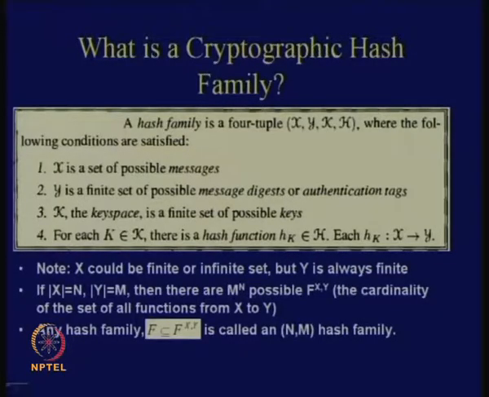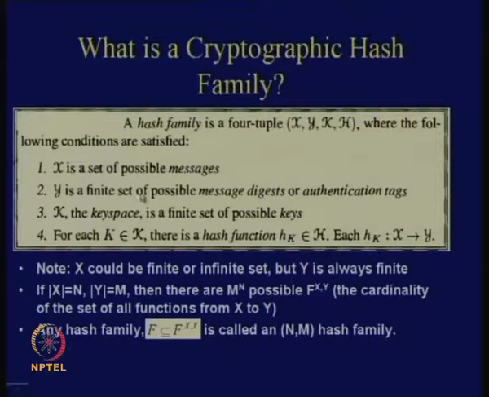In a hash function typically there will be a domain and a corresponding range. The domain is represented by x and the corresponding range is denoted by y. There is a key because of the keyed hash function thing which I told you, and there is an algorithm which is the hash algorithm, that is h.